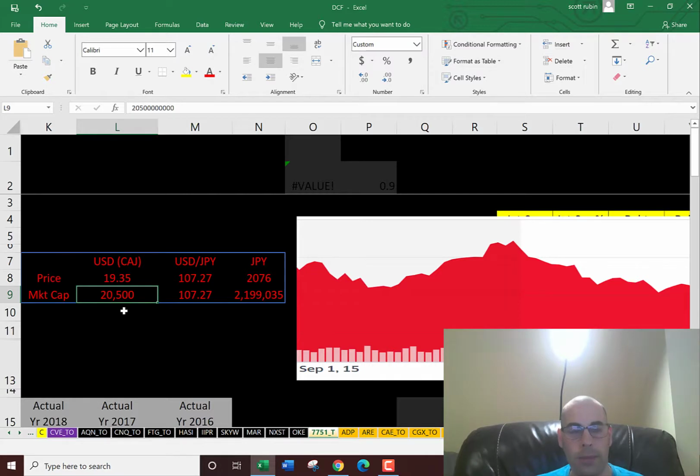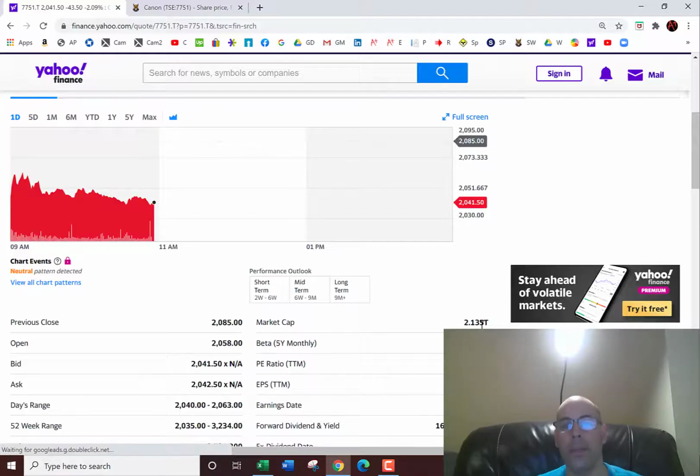It's $20.5 billion on the US Exchange, and if I convert that to Japanese yen, it's 2.2 trillion yen, which is what it's trading at on the Tokyo Exchange. It doesn't matter if you buy the stock on the Tokyo Exchange or the American Exchange, you're paying the same amount of money. The stock is always trading at the same price on all the exchanges. If it wasn't, that would create an arbitrage opportunity. So let's get started with the model.